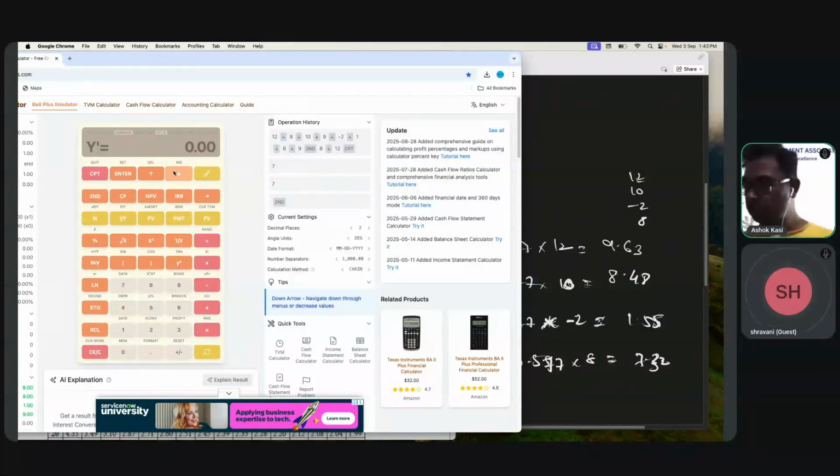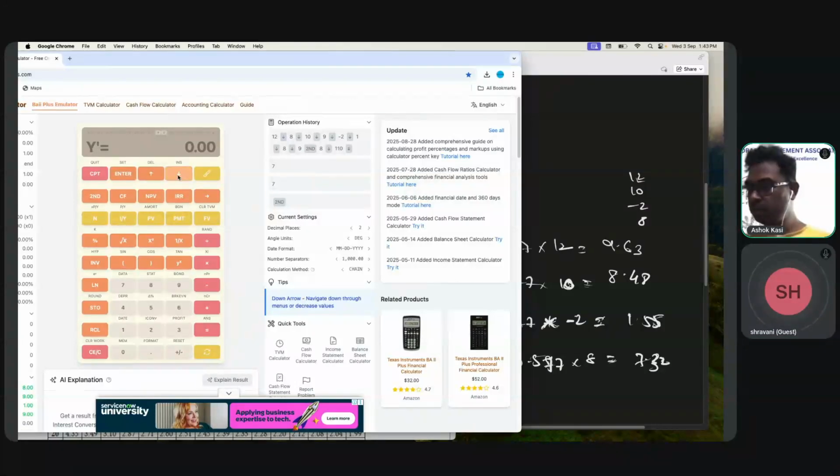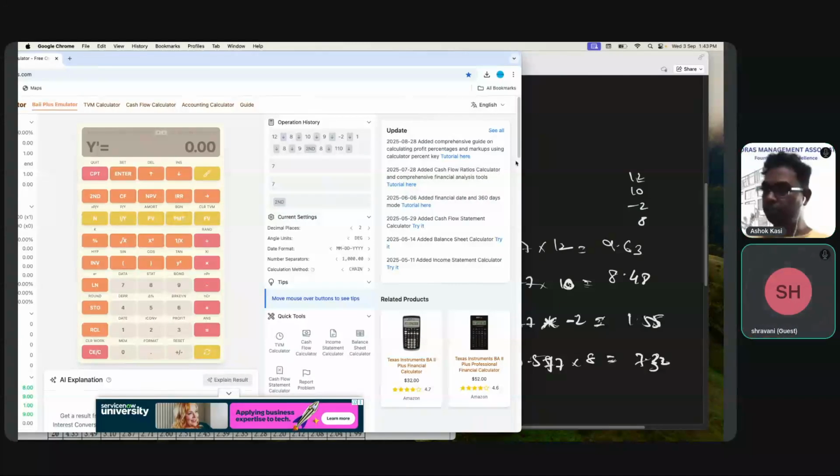Now again go upward arrow to X, type 10 over there, enter, downward arrow, compute, and you will get 8.48. Then again upward arrow, go to X, type -2, enter, downward arrow, 1.55. All these are matching. Now the last one also you check.